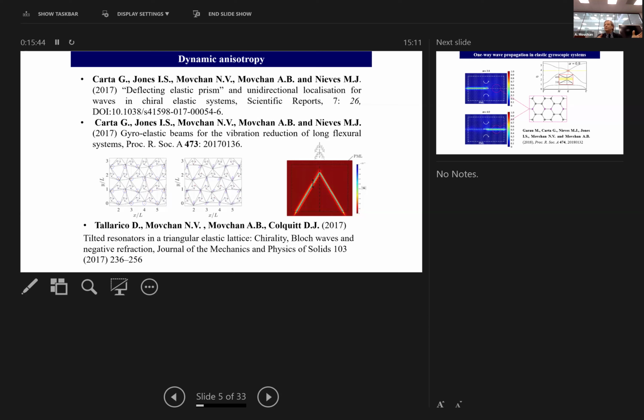But as soon as you look at waves propagating in a lattice like this, in which there are rotational elements embedded, then you see this dynamic anisotropy. In particular, if I have spinners embedded in the left and right part, and I look at my dispersion relations, I can identify very strong anisotropy. And then I can use this anisotropy to create this kind of mode.